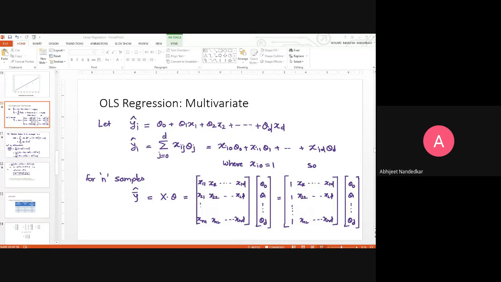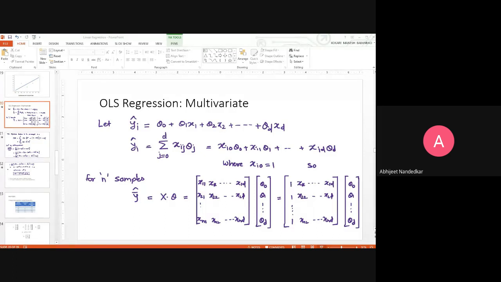So the many variables I have incorporated here as x1, x2 up to xd, and their contribution in estimating y is theta 1, theta 2 up to theta d, and theta 0 is the biasing term, like y equal to mx plus c.